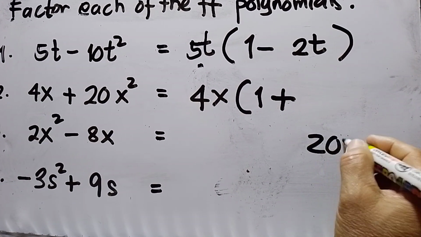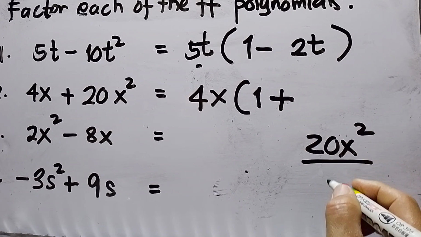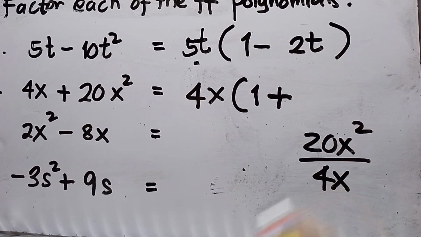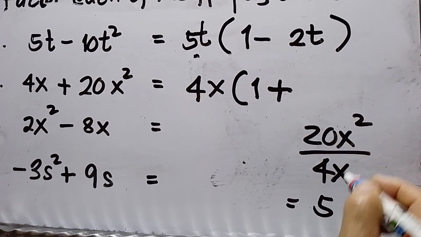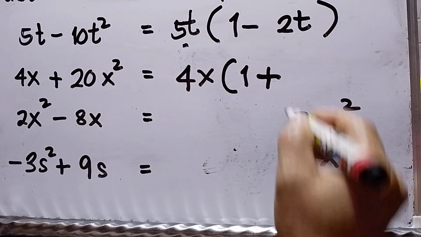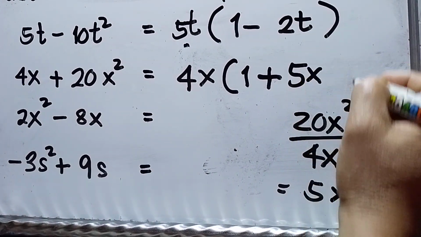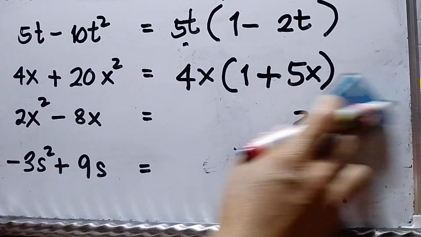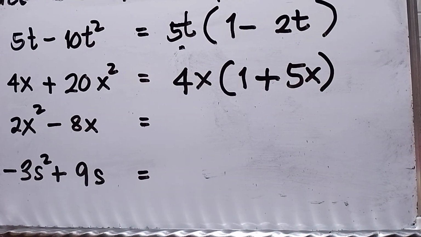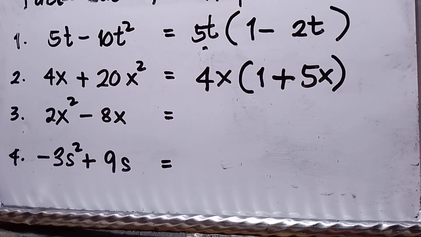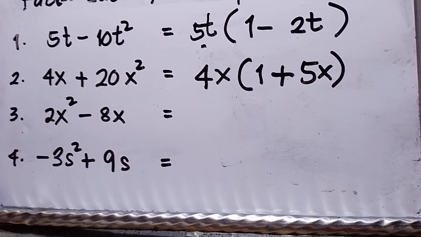So 20x squared divided by 4x. 20 divided by 4 is 5. And then x squared divided by x is x. So I have here 5x. So my answer for number 2 is 4x times 1 plus 5x.